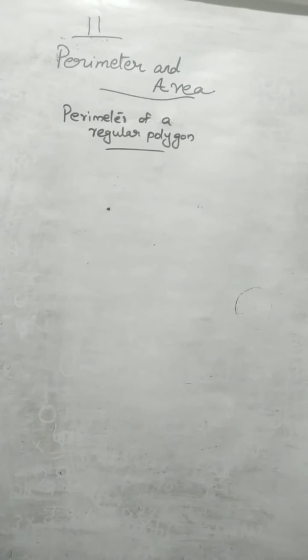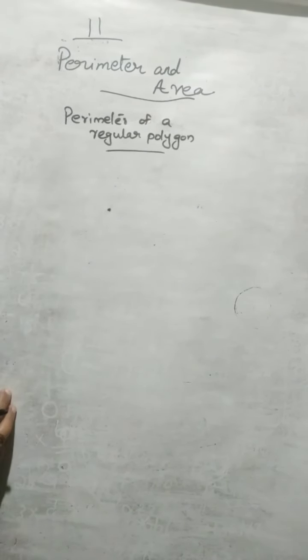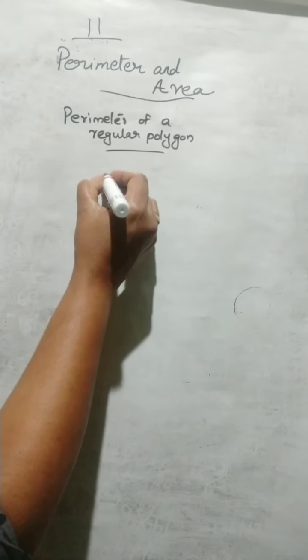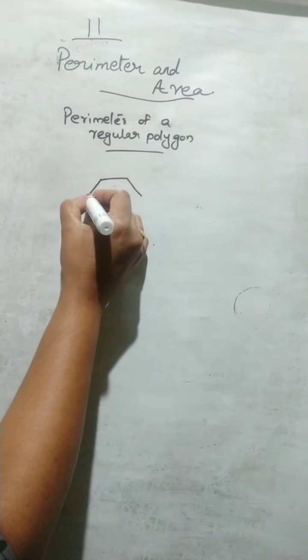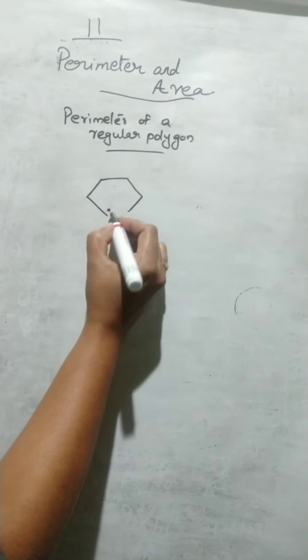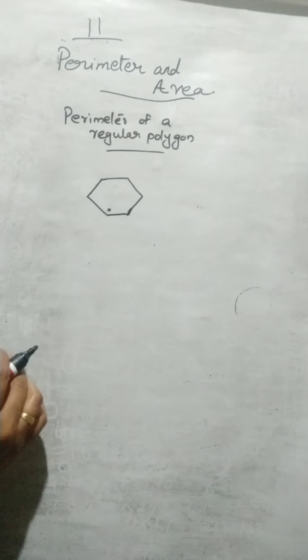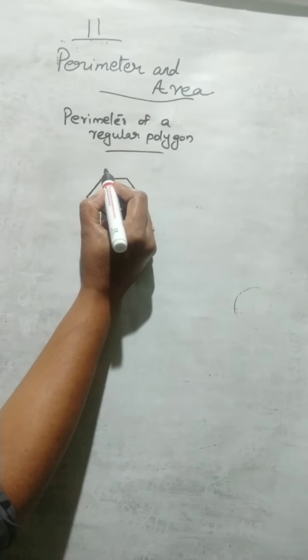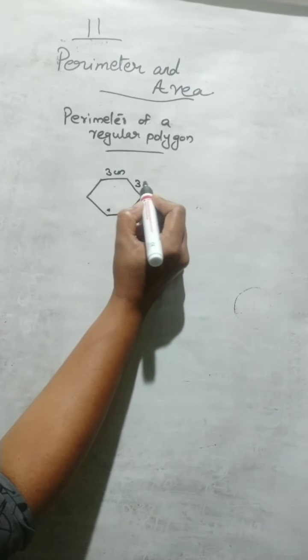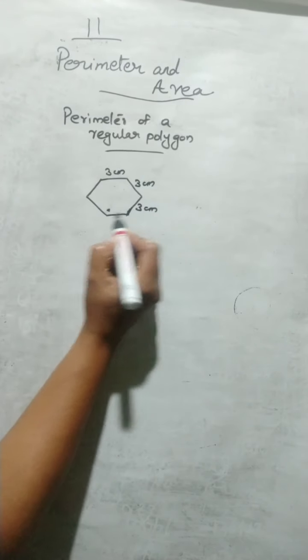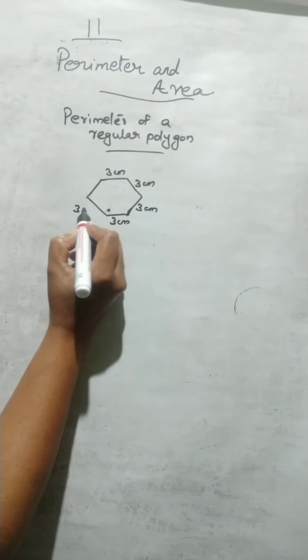Perimeter of a regular polygon. What is a regular polygon? If all sides of a polygon are the same in length, then we can say that's a regular polygon. If it is 3 centimeter, here also 3 centimeter, here 3 centimeter. All sides will be 3 centimeter.